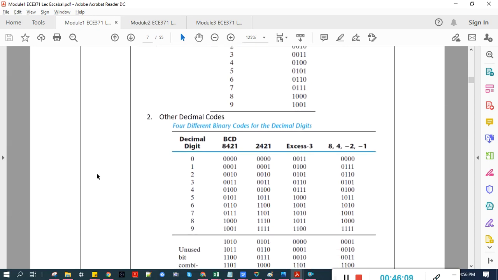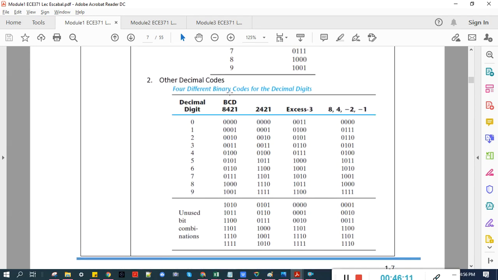We also have other codes like the 2421. What's the difference with this? 1 is the same, 2, 3 is the same, 4 is the same, but for 5 it becomes 1011.